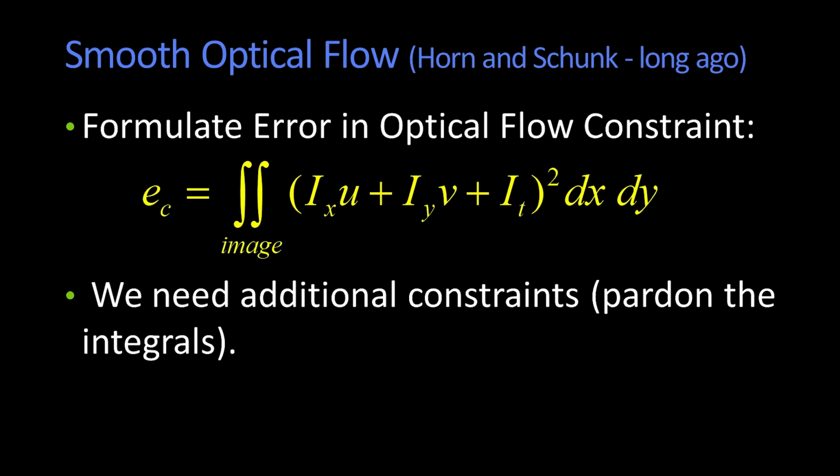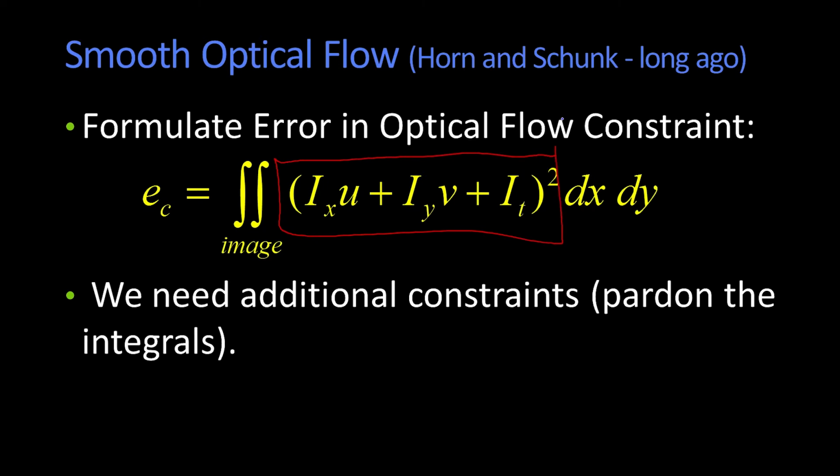Sometime long, long ago in a galaxy nearby, Berthold Horn and Brian Schunck did some work on what was called smooth optical flow. Basically they said, let's try to come up with an optical flow that minimizes some error. The first part of the error is how much we violate the brightness constancy constraint equation.